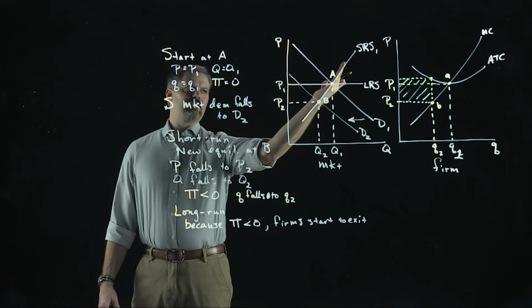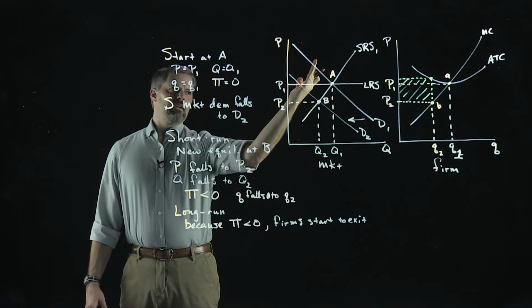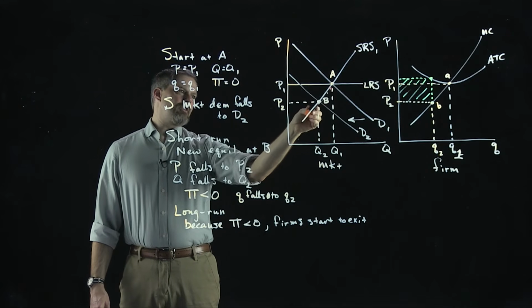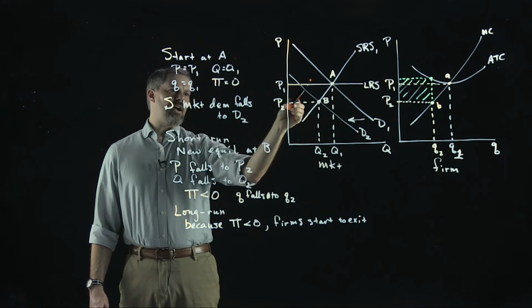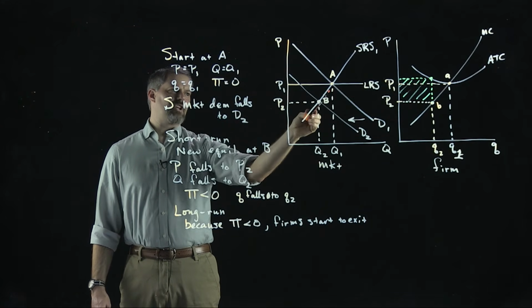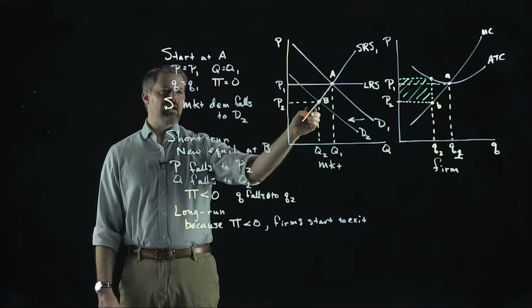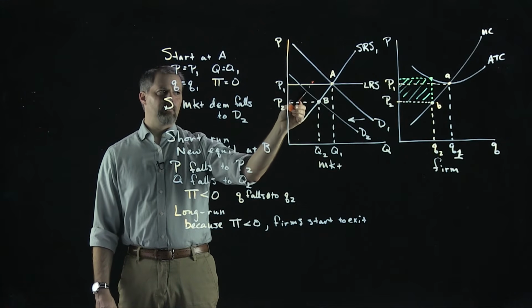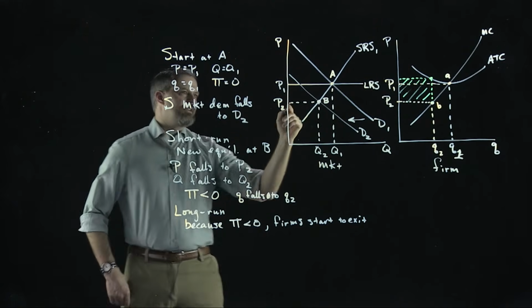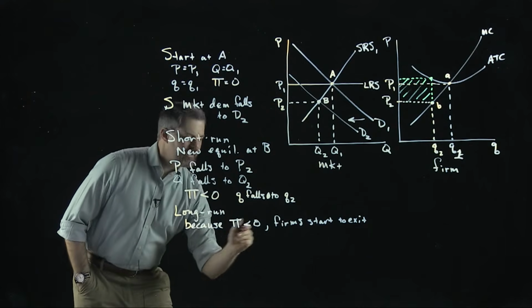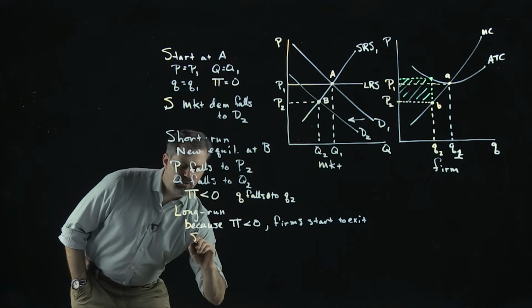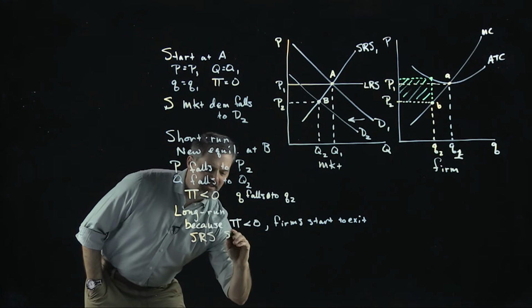So the supply curves start to shift to the left. And as we shift this short run supply curve to the left, we see that price starts to rise, and that supply curve will continue shifting. The exit will continue until the supply curve has shifted enough to bring our price back up to P1, which would happen right here. So we get a decrease in supply, so short run supply shifts left.